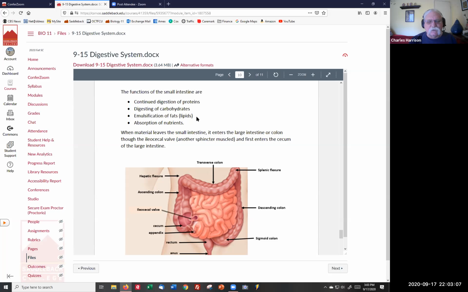So we've got all three food groups here except fiber, which it can't do anything with. And the absorption of these nutrients that are released. A lot of times people think, oh, it digests. Well, what does it do with what it digests? It has to absorb.